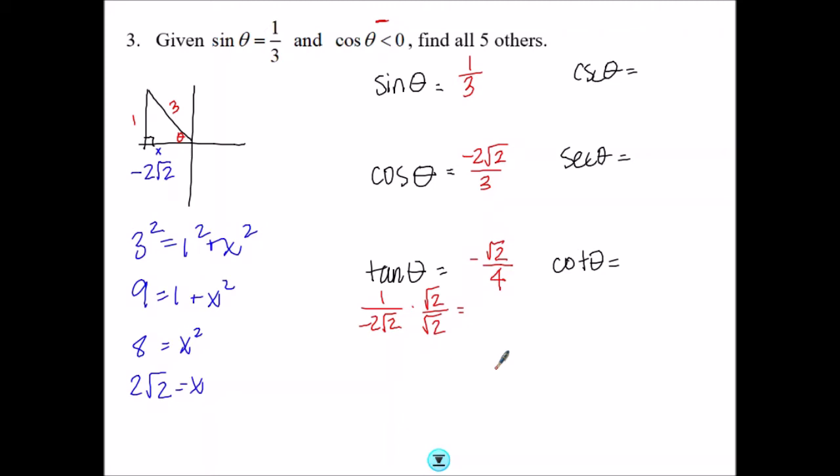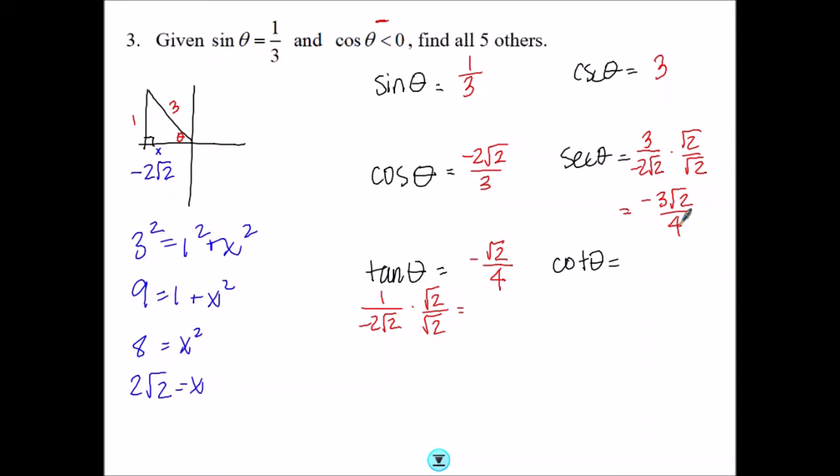Then we can do the reciprocal to find the other 3 trig functions. Cosecant of theta is 3. Secant of theta is 3 over negative 2 square root of 2. We need to rationalize the denominator. So we end up with secant of theta is negative 3 square root of 2 over 4.